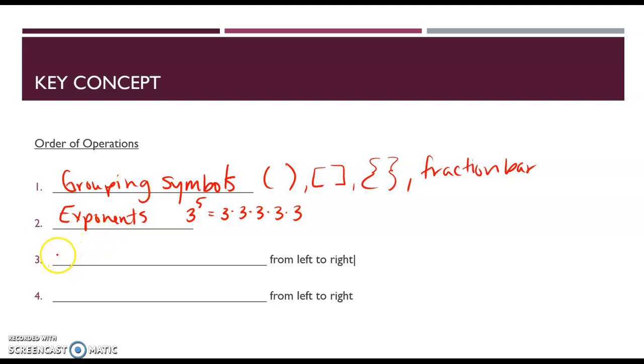So make sure you are multiplying the number by itself. Now, number 3 is two things at once. We multiply and divide from left to right. So whichever one comes first from left to right. This is the reason why I avoid the term PEMDAS.